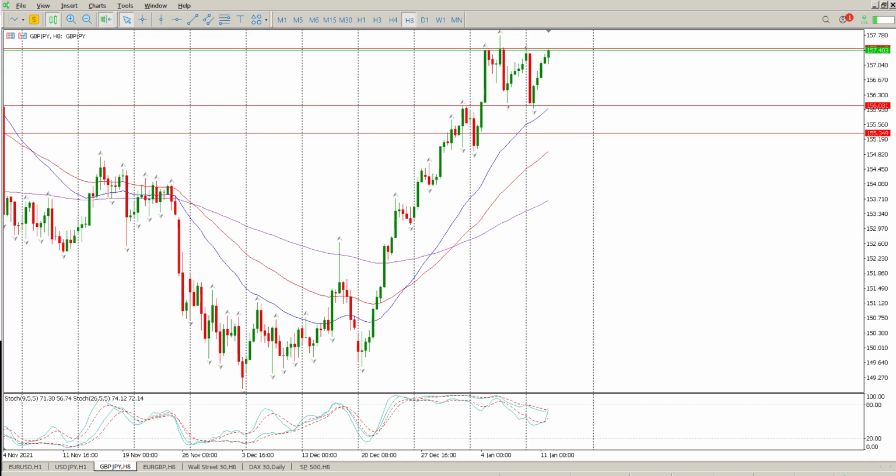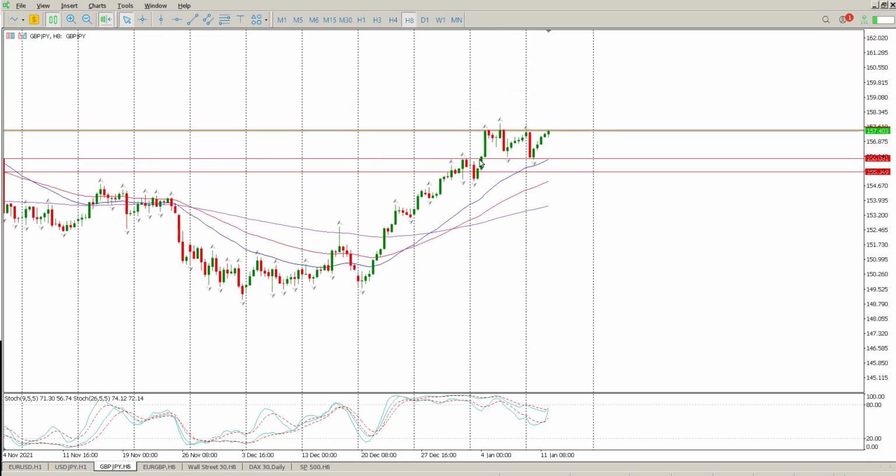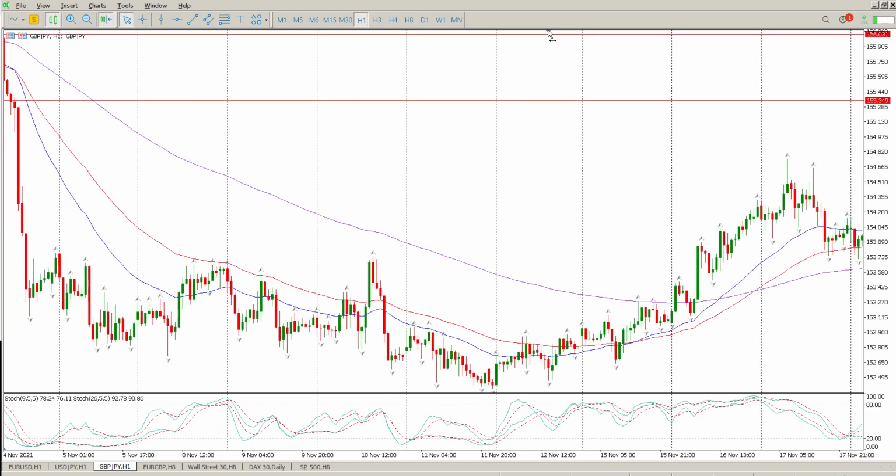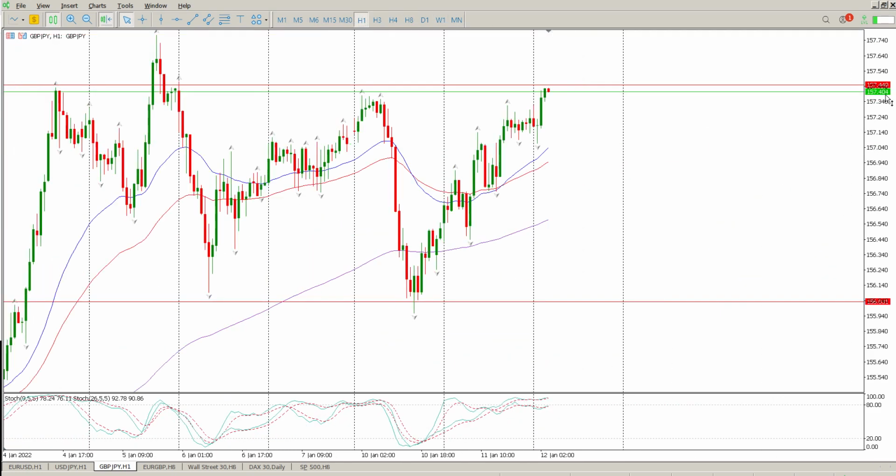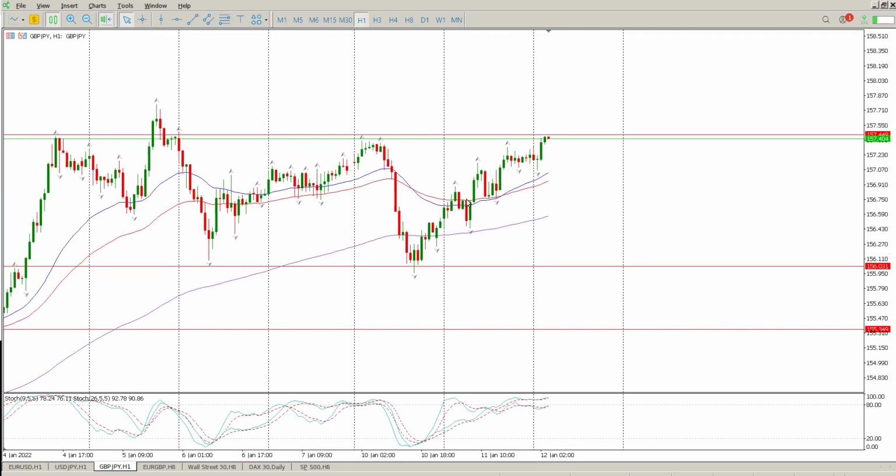British pound Japanese yen, still the same as yesterday. We're still very much in this consolidation phase. It looked like we were forming some form of a range, and that's exactly what transpired yesterday. If you have a look at this on the hour, you can see pretty much that was the bottom of the range, and you can see a break above the moving averages.